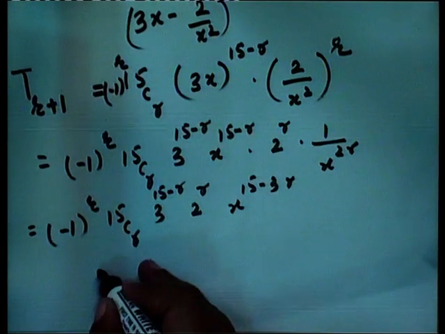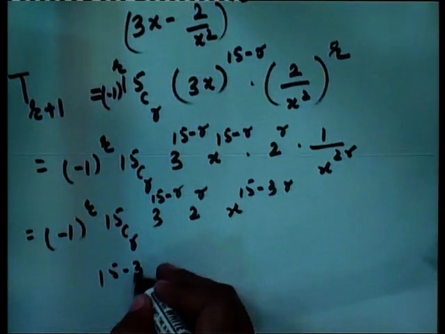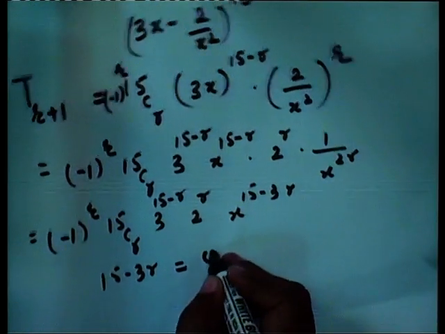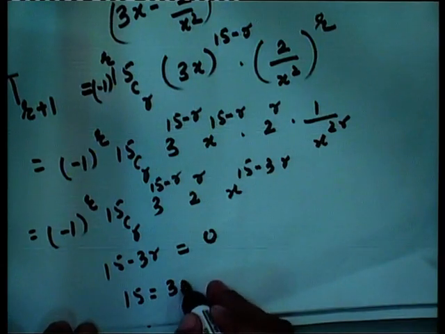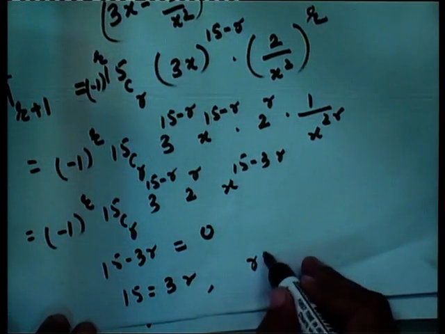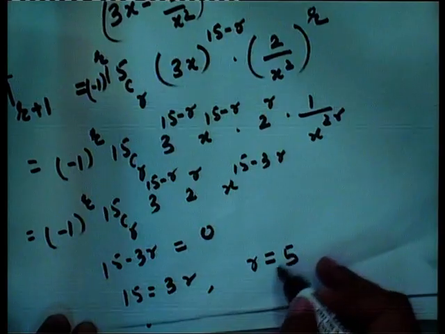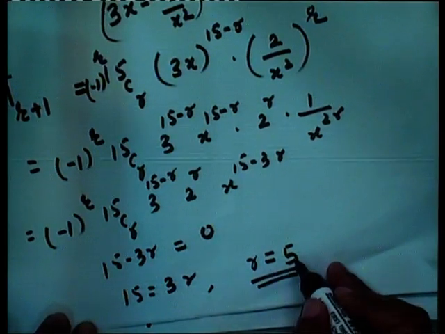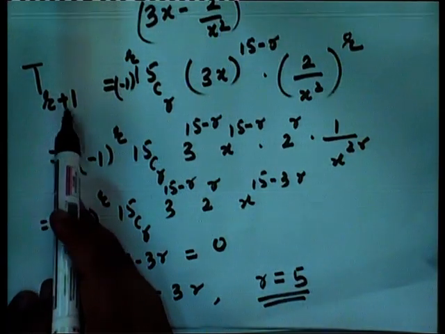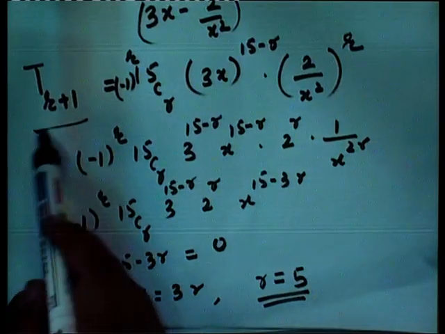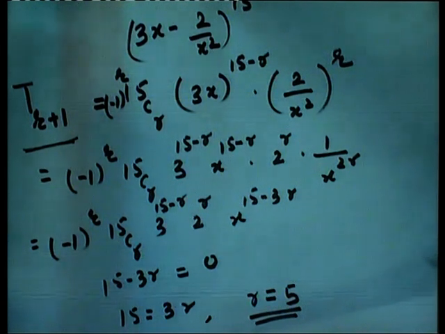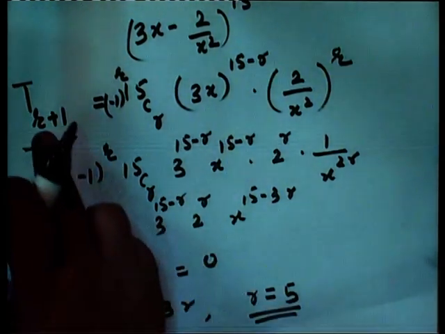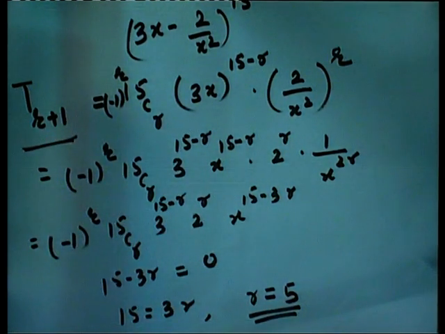So what will I do? I will put 15 minus 3r equal to 0, so that 15 is equal to 3r. So r becomes 15 upon 3, which is 5. So r is 5. This means T(5 plus 1), that is the sixth term, is the term which is independent of x in this expansion. So by putting r is equal to 5 here, I can compute that term.